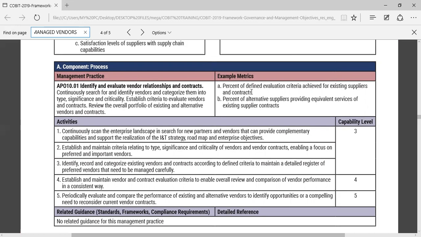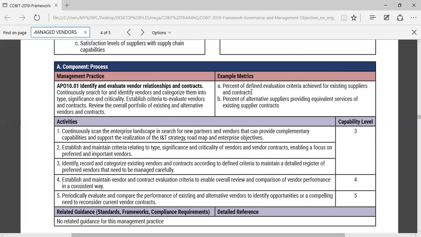What is the basis that was used to select the vendor? So you have 10 vendors right now. How many of those 10 actually met the pre-qualification criteria? That is what that is saying. And it's a very important metric for you to know where you are as an organization, to determine the maturity of your procurement process.